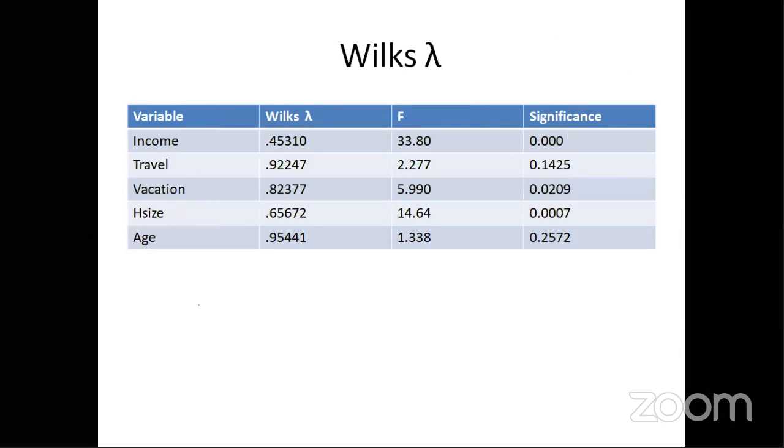So now next is Wilks lambda. As I told you, Wilks lambda is estimated for both independent variables, meaning all independent variables, and for functions. So this table will explain the Wilks lambda for all independent variables.